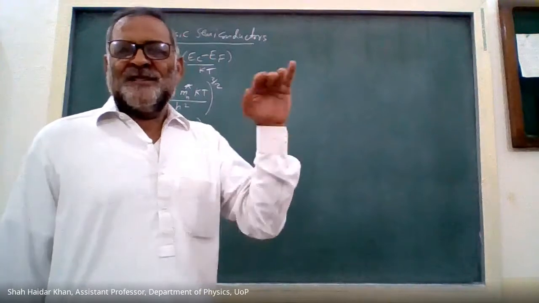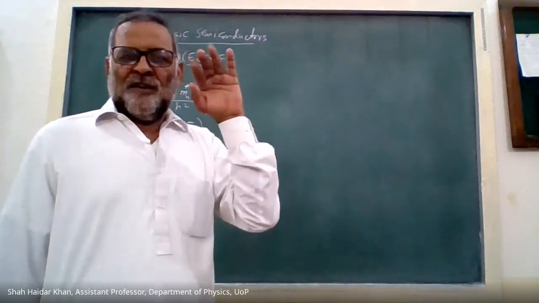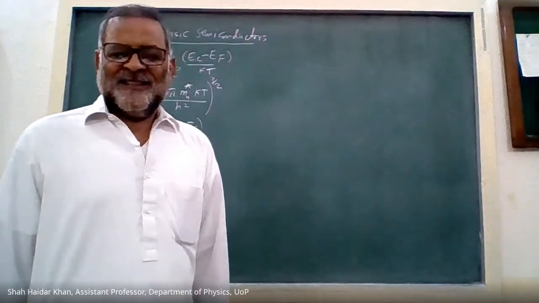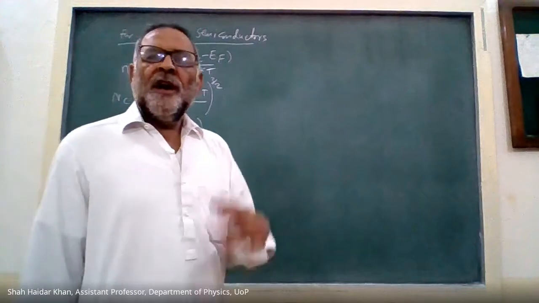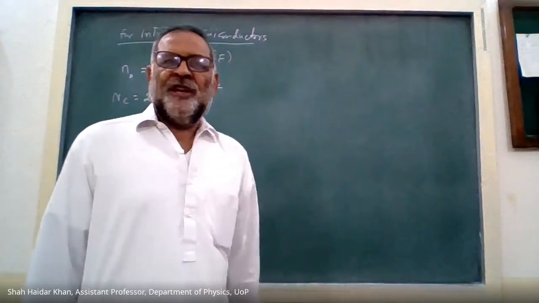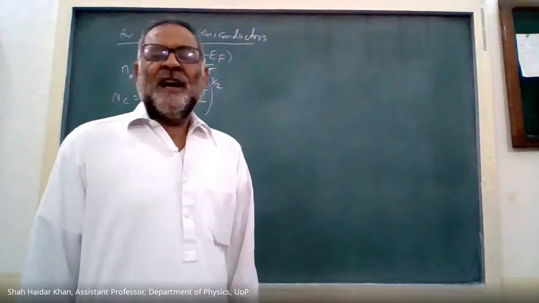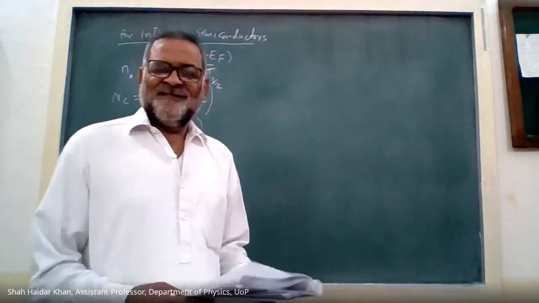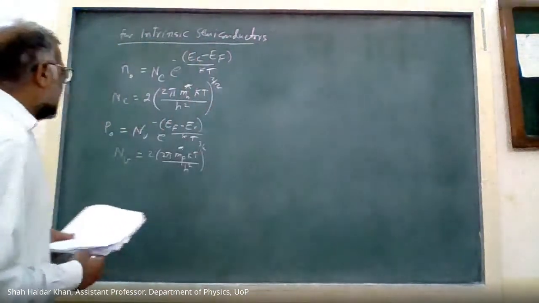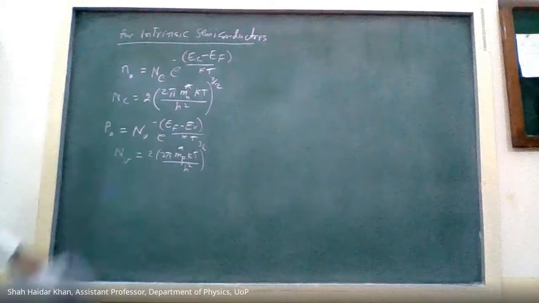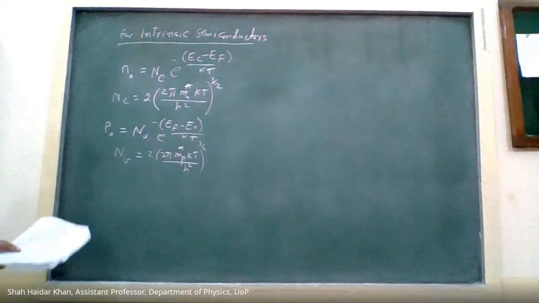Then when the temperature is not equal to 0, it was kind of in the middle. Now here, how does it change precisely with the effective mass and with temperature? It should vary with temperature because these things are a function of temperature too.